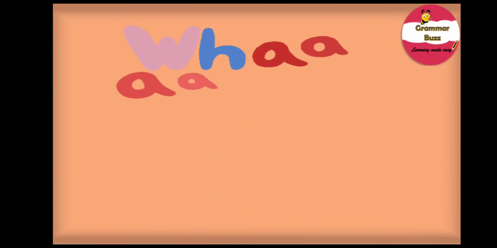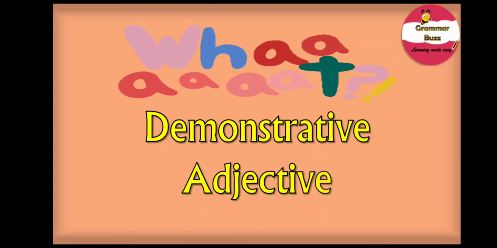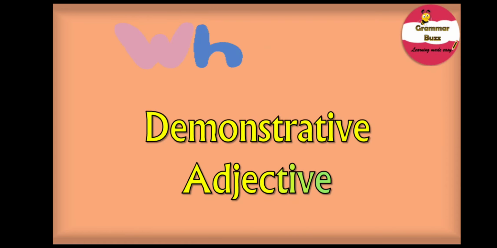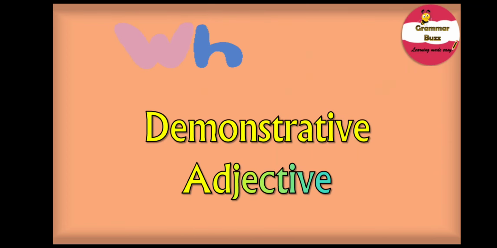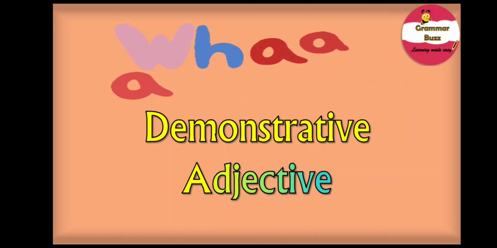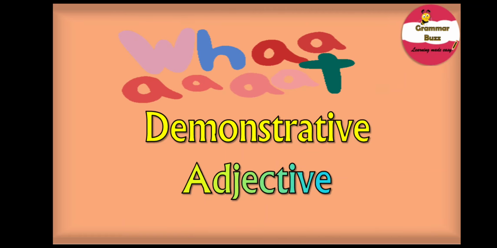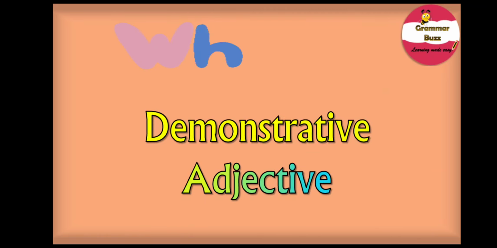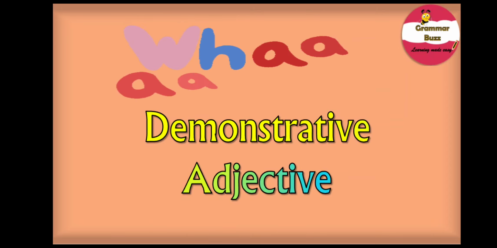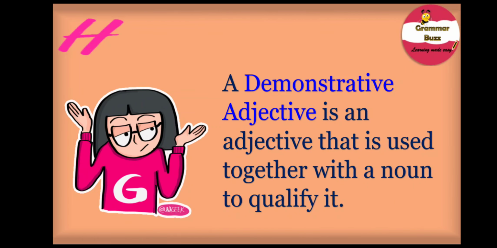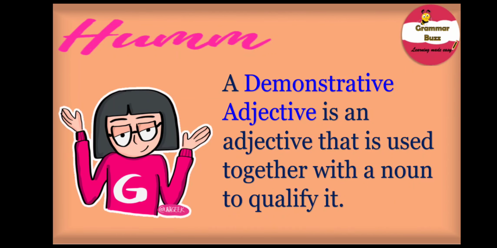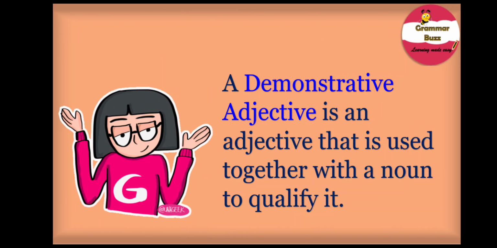So, here comes the most important question. What is a demonstrative adjective? Isn't that a great question? But in order to understand demonstrative adjectives, we have to know what they are. A demonstrative adjective is an adjective that is used together with a noun to qualify it.